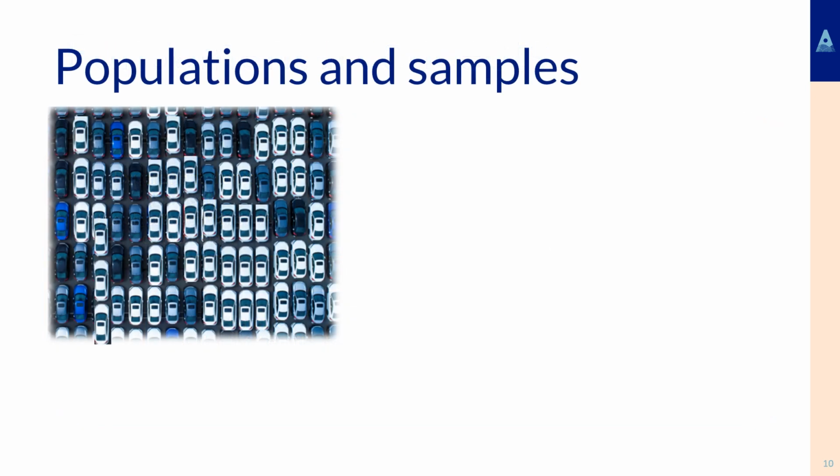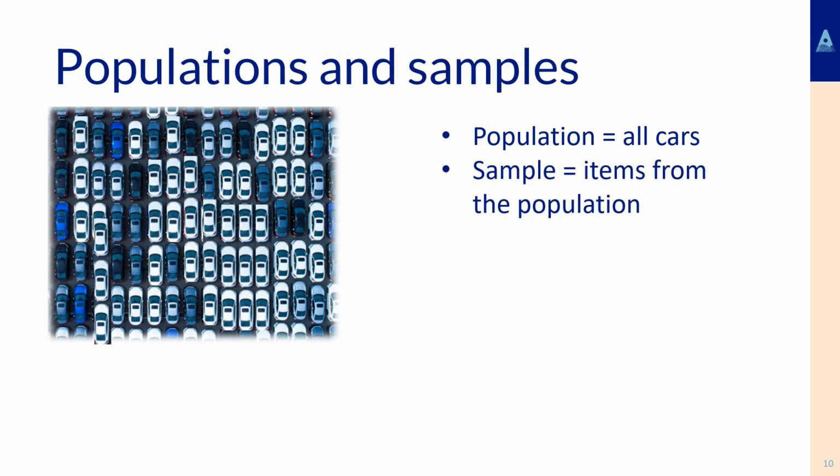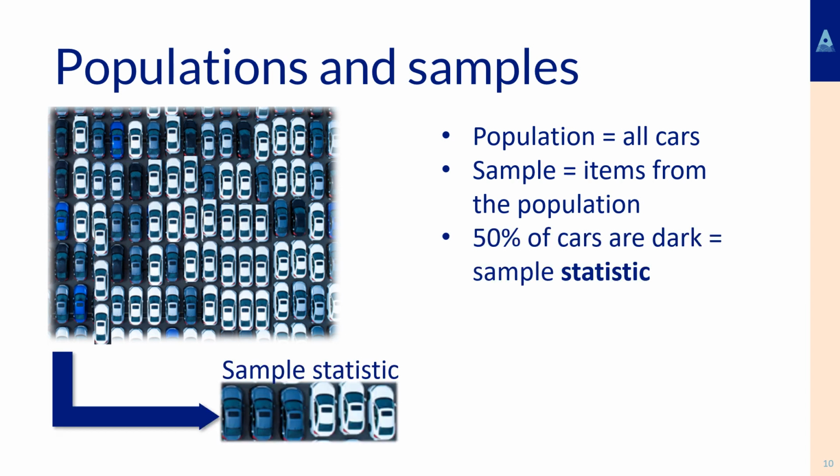Let's take a look at a practical example of populations and samples. The population in this case is all cars. The sample is items which are taken from the population. So for example, in the sample we have 6 cars, and in this case 3 of them are dark.